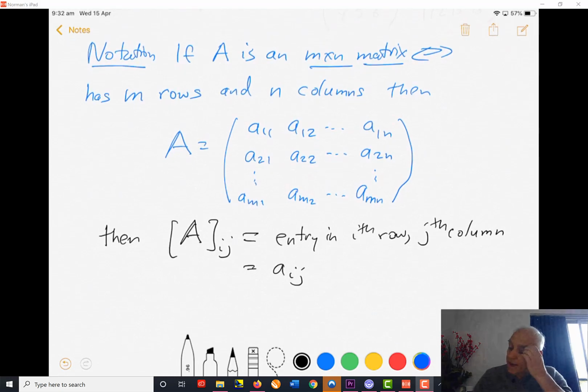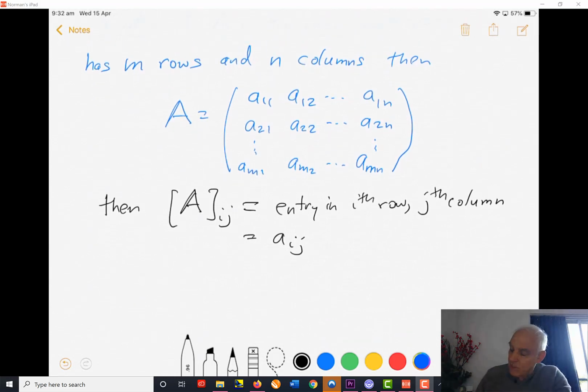All right, so in terms of that notation, we could rewrite the operations.